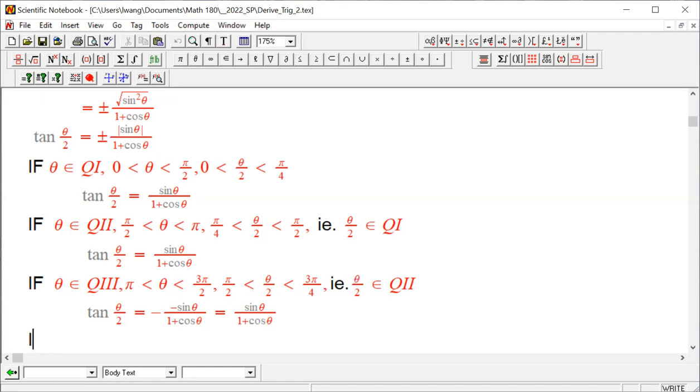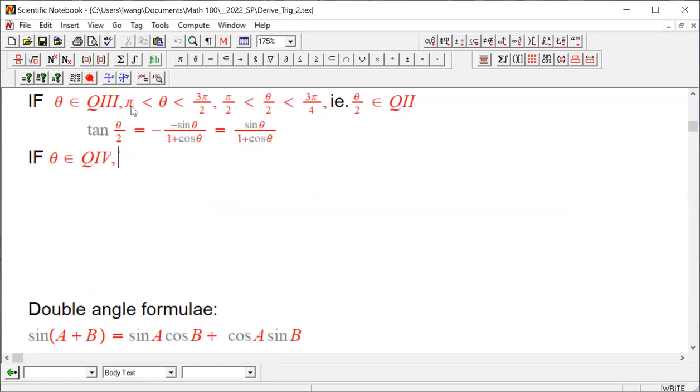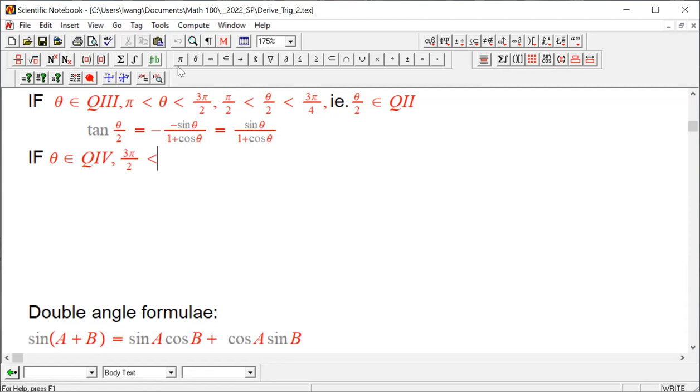Okay, so last case, if theta terminates in the fourth quadrant, in this case theta is between 3 pi over 2 and less than 2 pi. And what will half theta be?